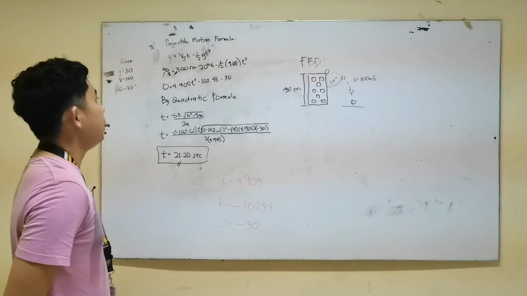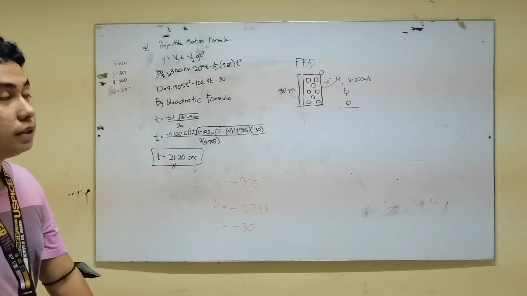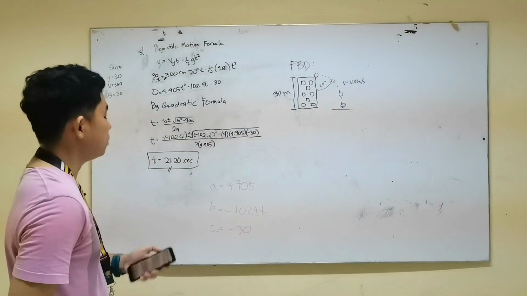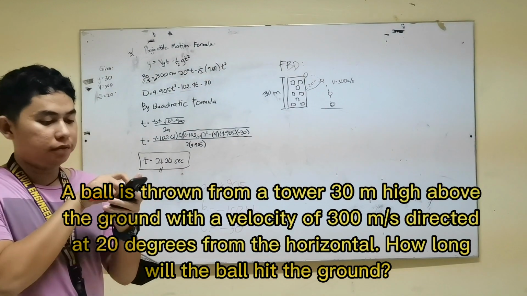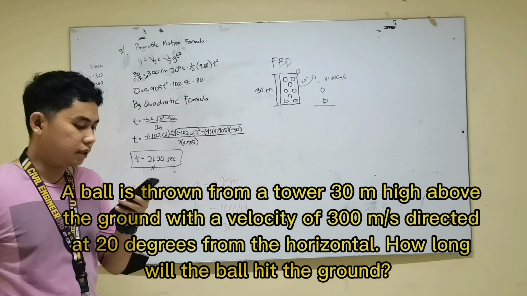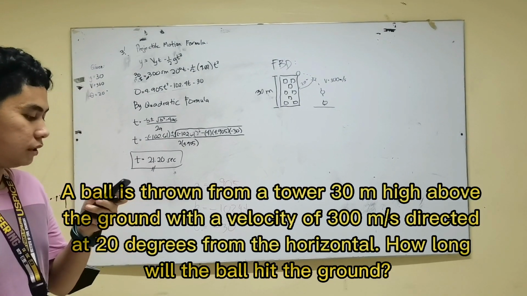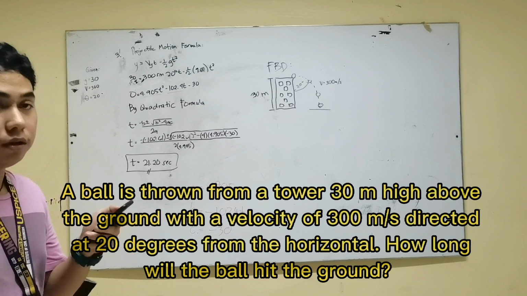Good day again, everyone. Today I will be discussing problem number 3 in our quiz 2. A ball is thrown from a tower 30 meters high above the ground with a velocity of 300 meters per second, directed at 20 degrees from the horizontal. How long will the ball take to hit the ground?